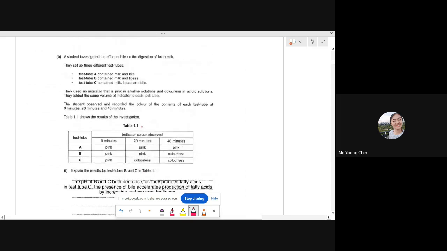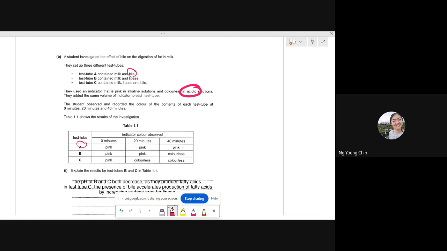This experiment has test tubes A, B, C. The color indicator changes from pink to colorless, indicating that the solution changes from alkaline to acidic. For test tube A, no change occurs, because it still remains alkaline due to the presence of bile.